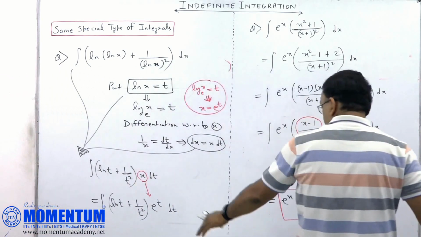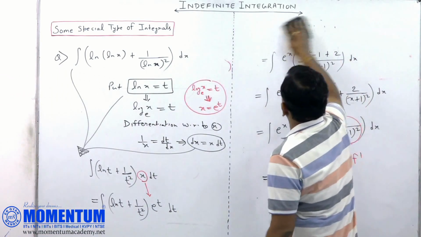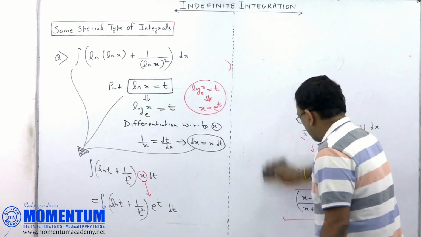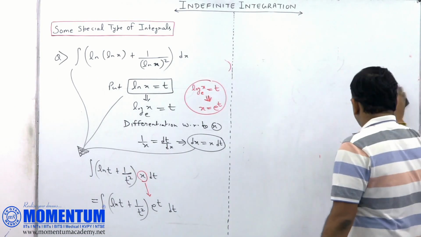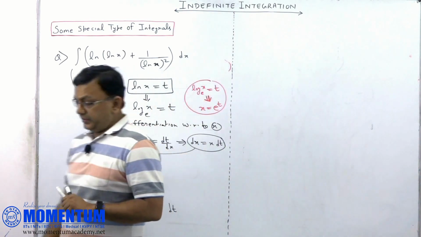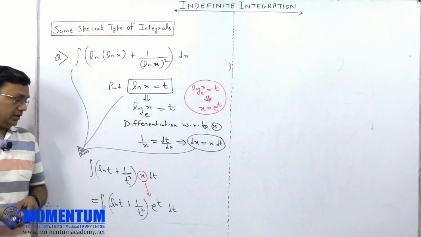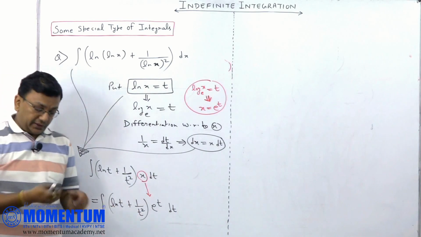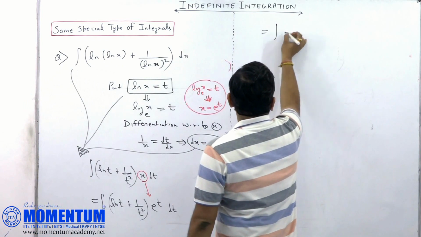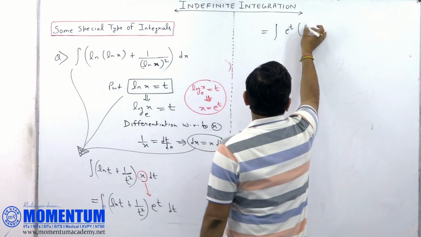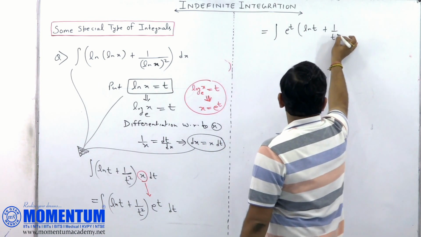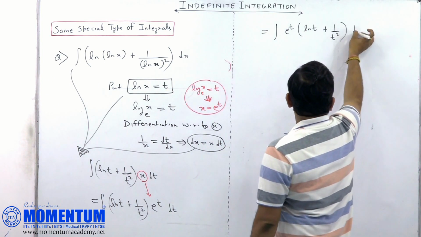Now, because of the exponential term e to the power t, you may think about special integral number 2 here, which is e to the power x times function plus derivative. But do we have that here? e to the power t times ln t plus 1 upon t square.